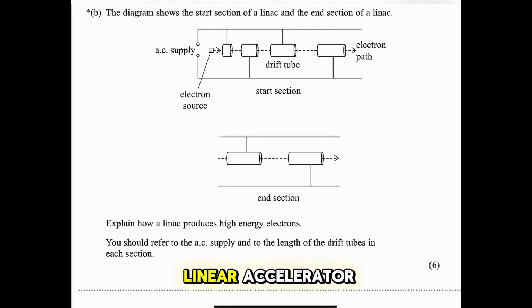This is LINAC, linear accelerator. We have a power supply here, which, as we said before, is always changing polarity: positive, negative, negative, positive. Here we have electrons, which are negatively charged and are going to be accelerated in between the charged drift tubes.